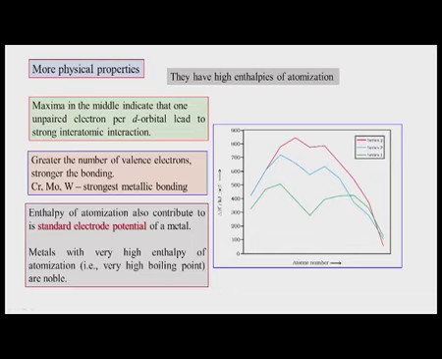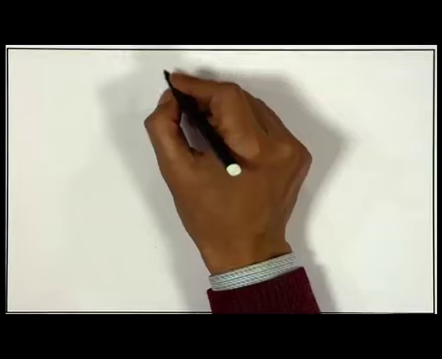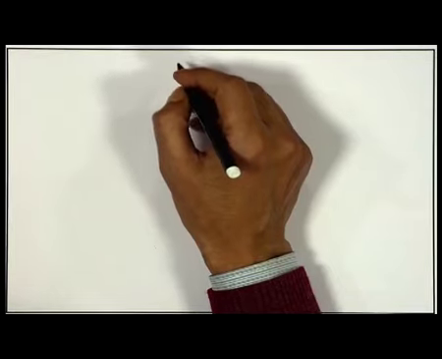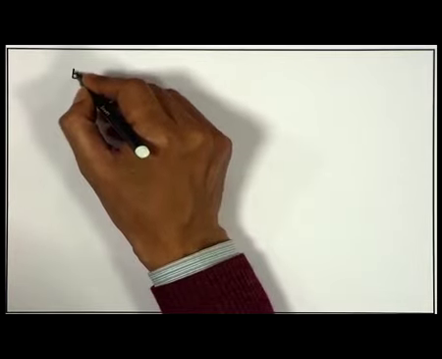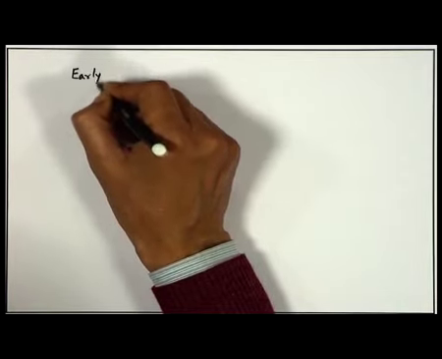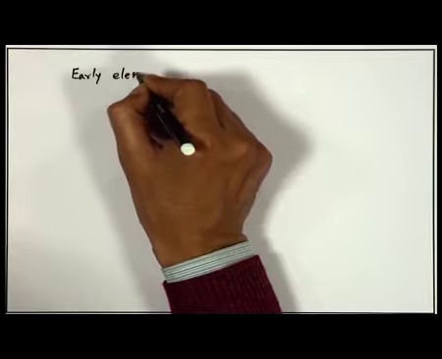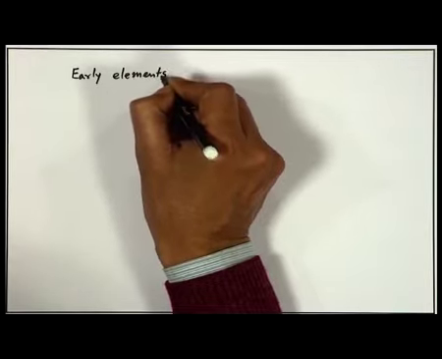So, along with this, why are we talking about gold and platinum? Because we are discussing the 3d, 4d and 5d congeners also. So, we can have the early elements in these groups.